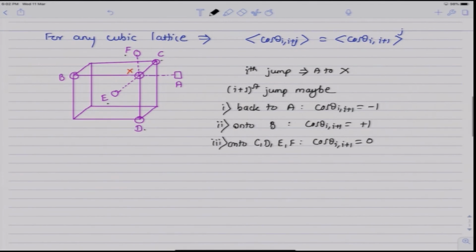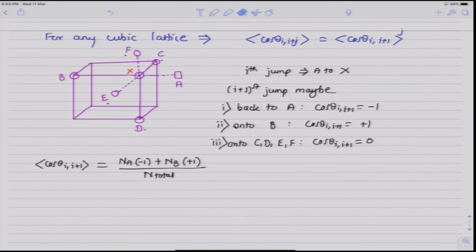So, if we find the average of cos theta I plus 1 here, the average of cos theta I plus 1 would be the number of atoms N A that make this reverse jump to A times cos theta I plus 1 corresponding to that jump, which is minus 1, plus the number of atoms that make the jump onto side B times the cos theta corresponding to that jump, which would be plus 1. We do not need to consider the other 4 jumps because the cos theta for those would be 0, divided by the total number of atoms.